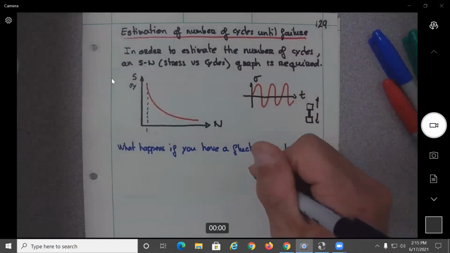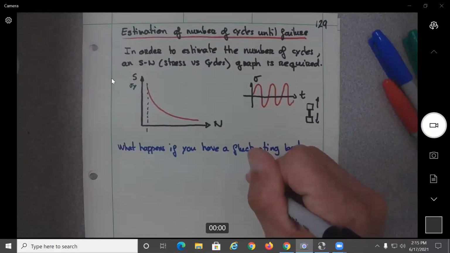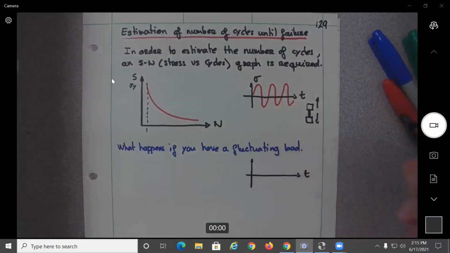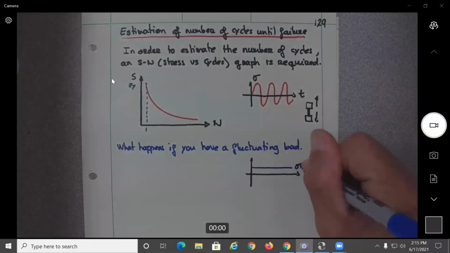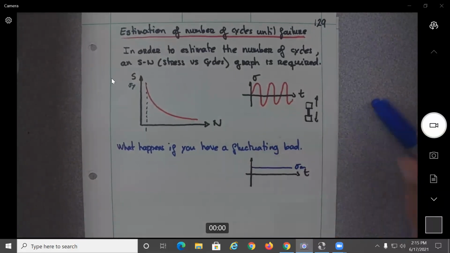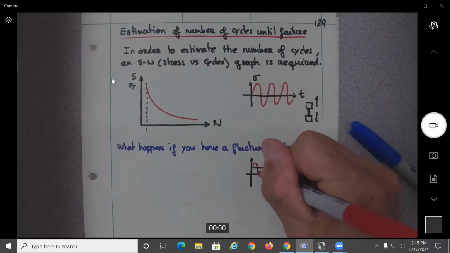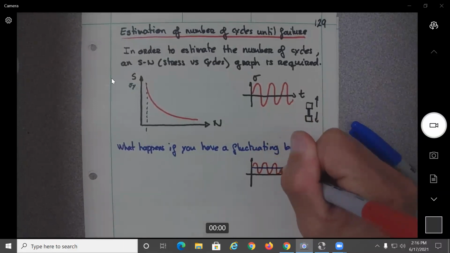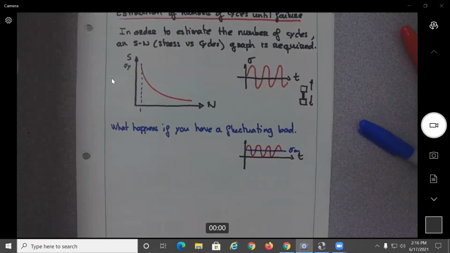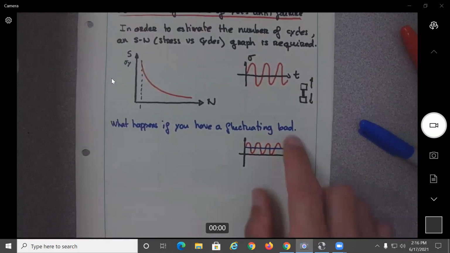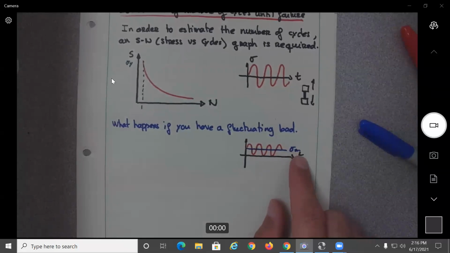If you have a fluctuating load, what does that mean? A fluctuating load is exactly the same thing, but about a mid-range value. So let's say we have 1. So in this case, what do you do? Because obviously you're not going to find an S-N curve that was done with your exact value for the mid-range static load, no?